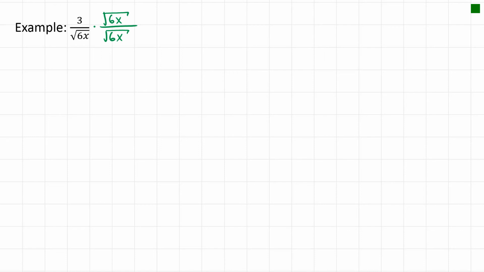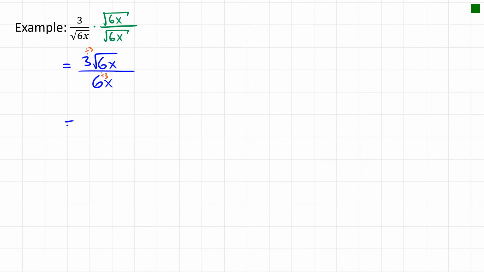So in the top of the fraction, I have 3 times the square root of 6x. There's no simplifying that we can do there. And in the bottom, I have the square root of 6x times the square root of 6x, which is just 6x. Now there's a bit of simplification I can do because I have 3 over 6 and each can be divided by 3.